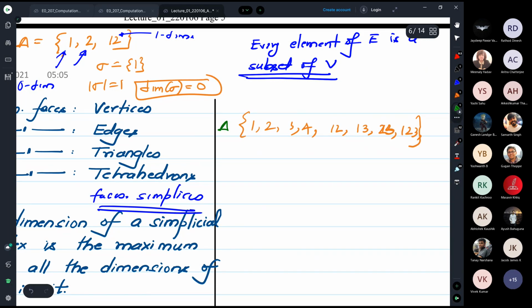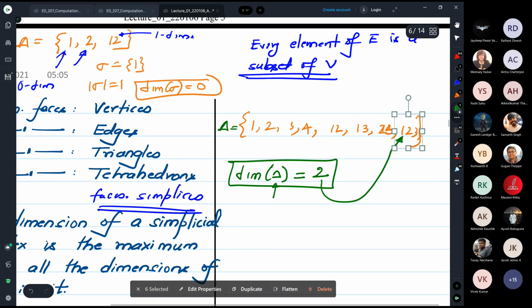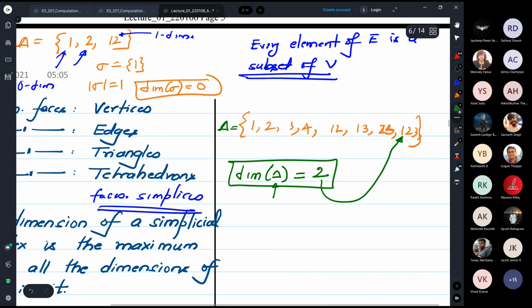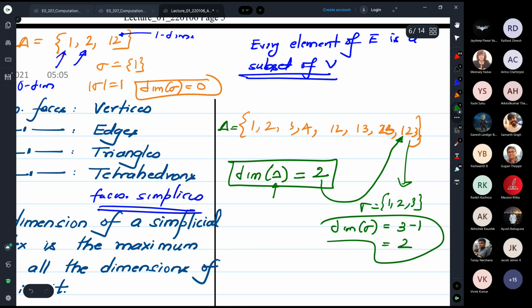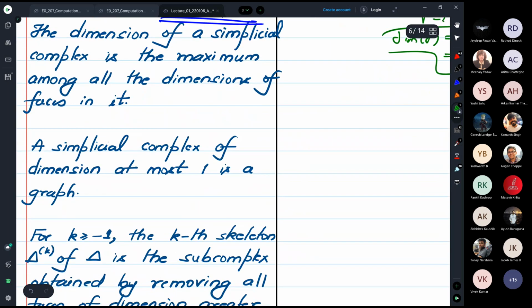The dimension of the whole simplicial complex, in this case, will turn out to be 2. This 2 is because of this face over here, which has 3 elements, and consequently, the dimension of this face is 3 minus 1, which is 2.